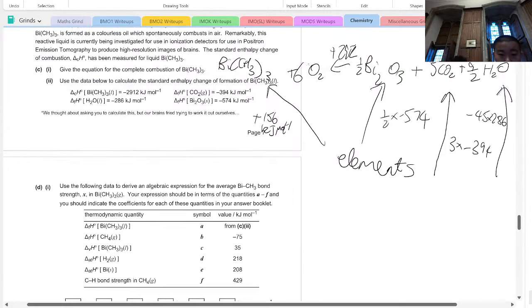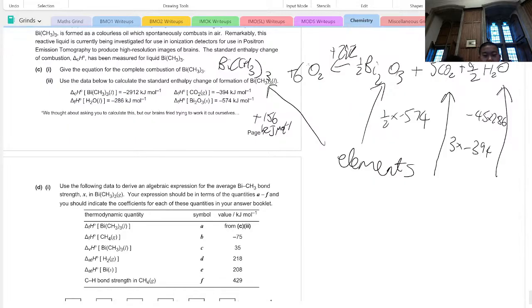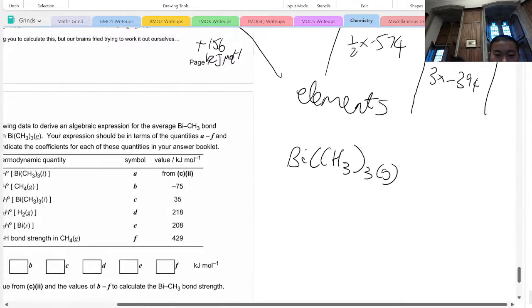And now it's time to find the average BiCH3 bond enthalpy. Now, this is where writing elements might not help so much, because it matters whether it's in the gas phase or not, which really sucks. Is this one of those loop things? Yeah, it's a Hess cycle. We could just write elements and hope for the best. But it matters which state it's in.